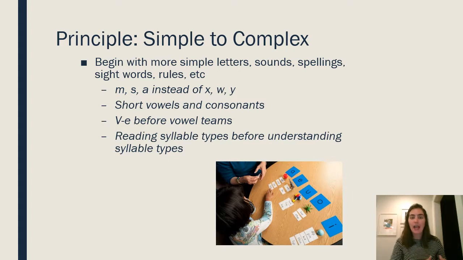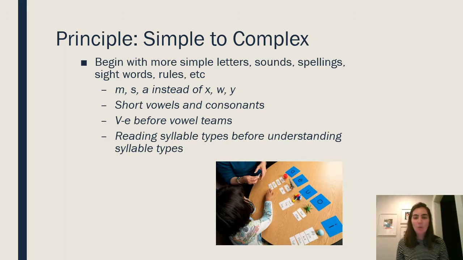It should already have it planned out, simple to complex. You'll notice most first grade programs, probably the first couple of sounds they review at the beginning of the year when they're teaching kids to read and spell would be things like M, S, A. Those sounds are easy for students to articulate and differentiate between.